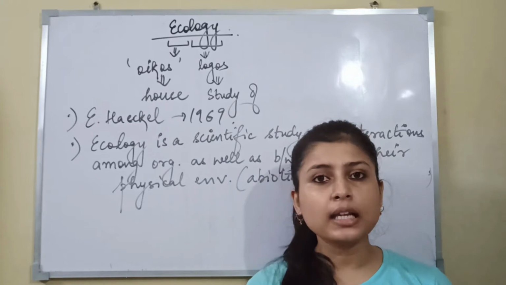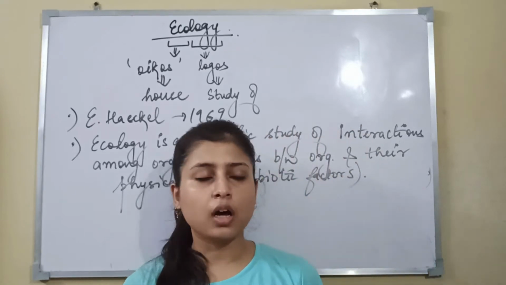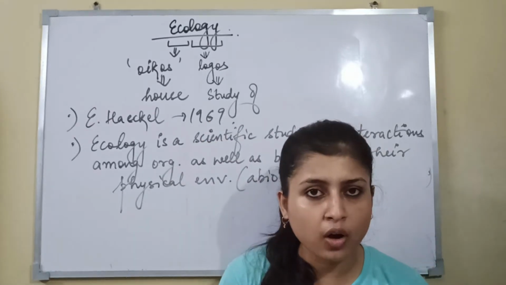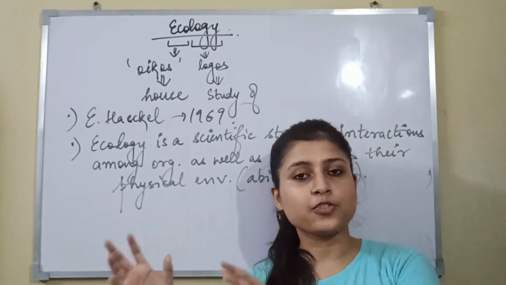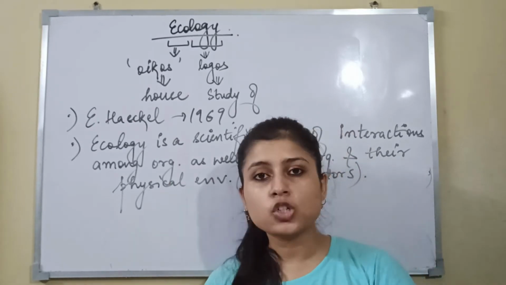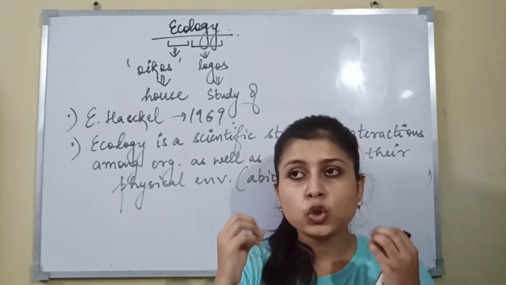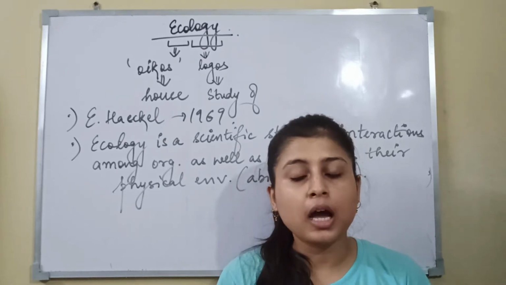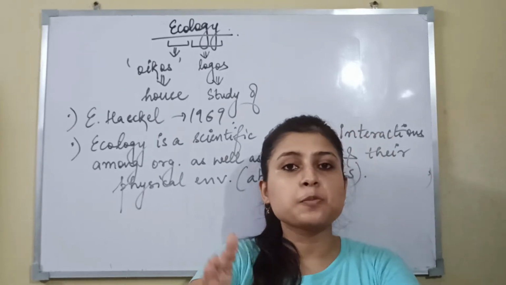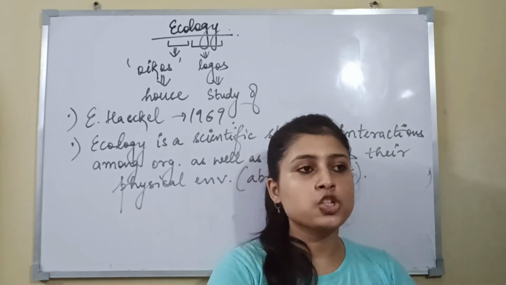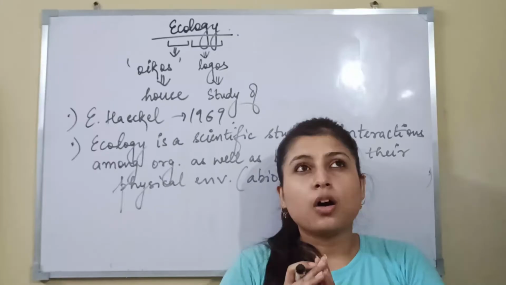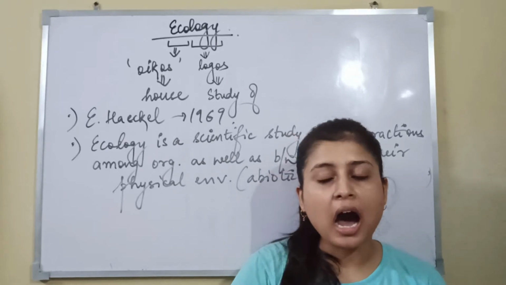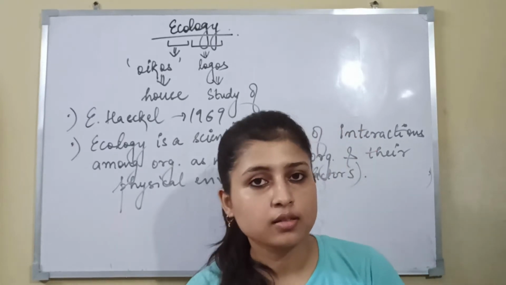Why not in Delhi, or in India, or in other parts of the country where it's not found? So ecology helps you understand the concept behind why a particular organism is distributed as such. Or ecology tells us how exactly nature works, right?